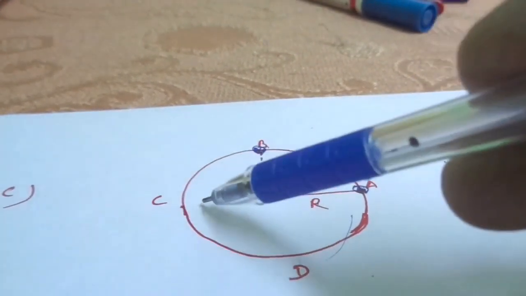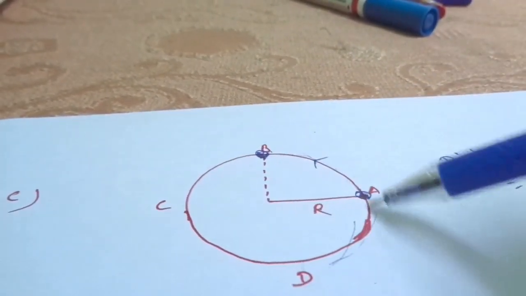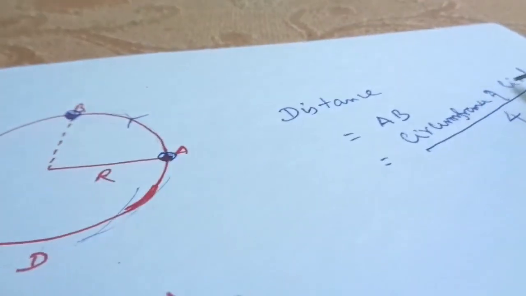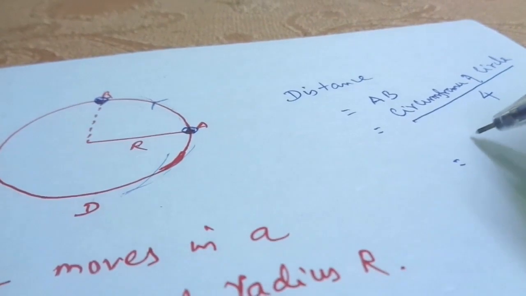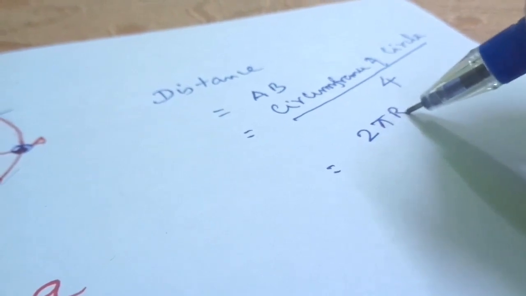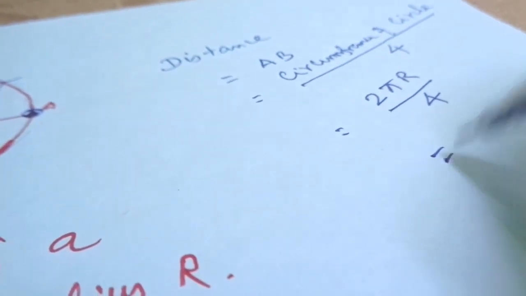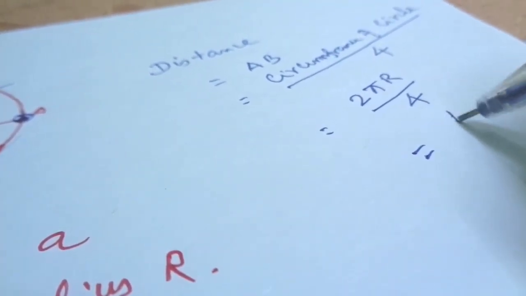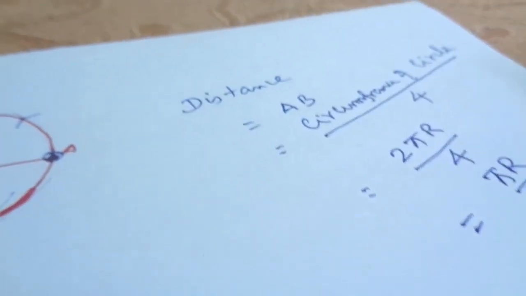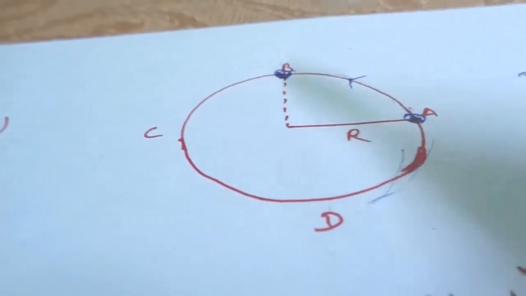This is a quarter, this quarter, this quarter, this quarter. 1/4 of this distance is called the distance covered. That means the circumference by 4. Circumference you know already, that is 2 pi r, so 2 pi r by 4. This can be written as pi r by 2, the distance for this particular diagram.